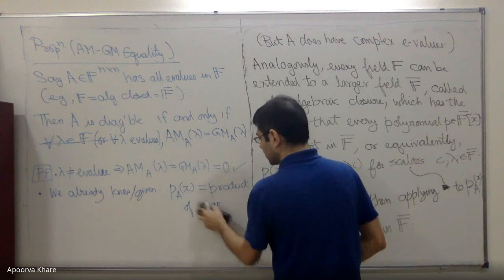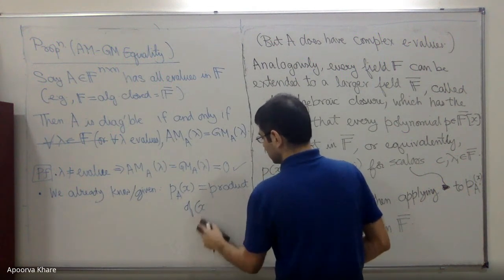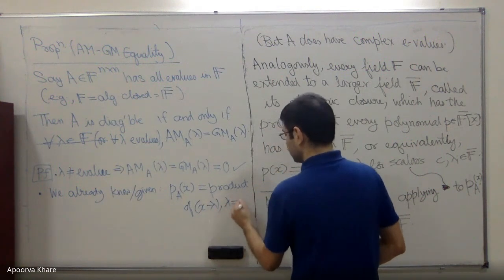I'll even tell you what the factors are. They are precisely X minus lambda for lambda an eigenvalue.